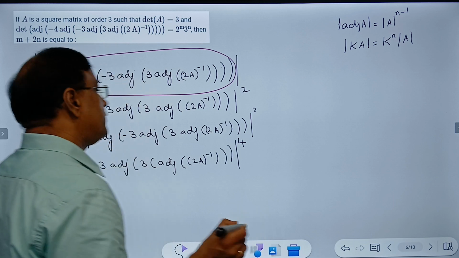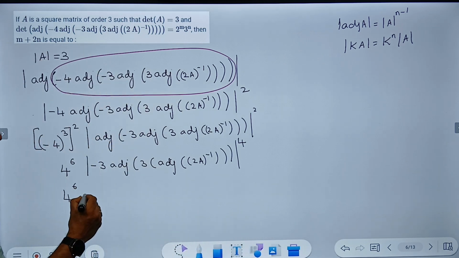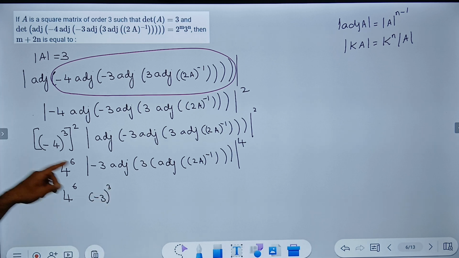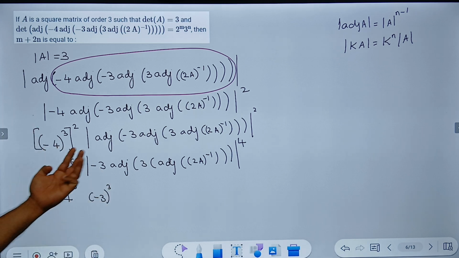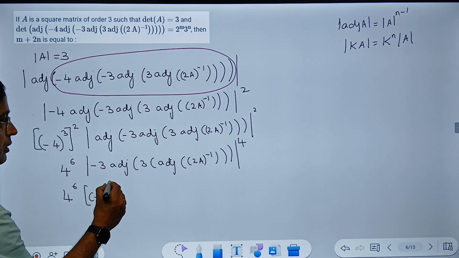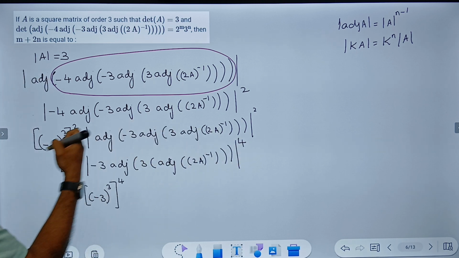What is determinant of Ka? My determinant of Ka will be, see this, minus 3 whole cube, because my K is minus 3 and order of the matrix is 3. So minus K power 3. But whole power what? It will be whole power 4, because we are taking out from there.